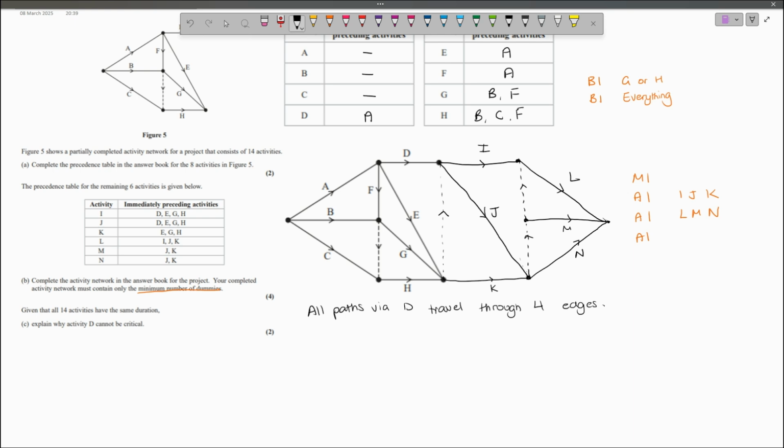However, there are some paths that have 5 activities. So there are some paths, and I'm going to give an example. A, F, G, K, N travel through 5 activities.